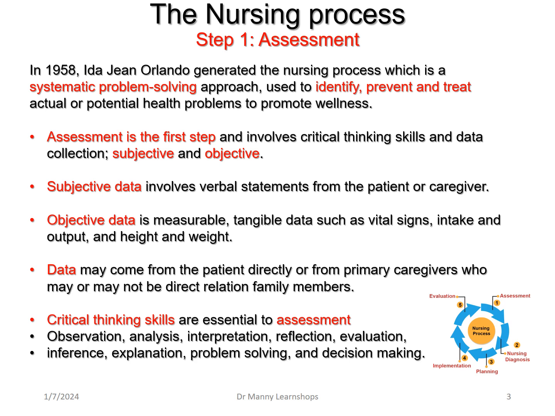Now, subjective data involves verbal statements from the patient or the caregiver. Objective is measurable: blood pressure, heart rate, respiratory rate, height, weight, etc. The data may come from the patient directly or from primary caregivers who may or may not be in direct relation to the patient or a family member.